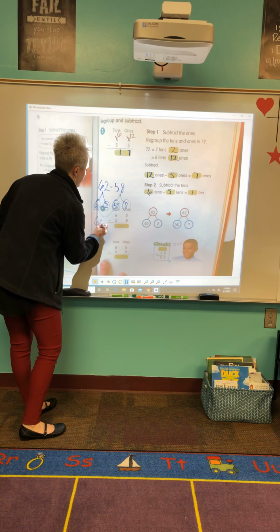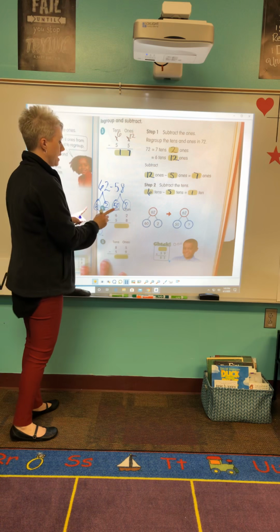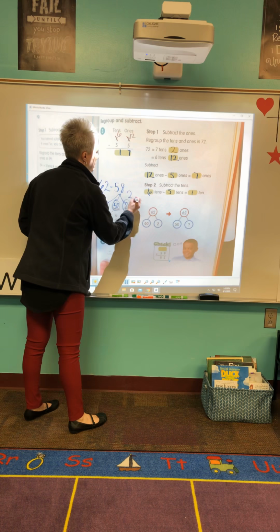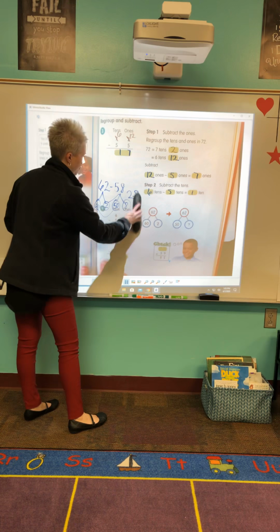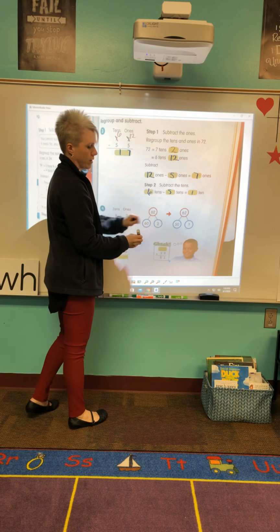We can take 60 and take away 50. But when we get to our 1s, 2 minus 8, I can't take 2 away. Okay? So, and they're showing us, we can't do it this way because it won't work.